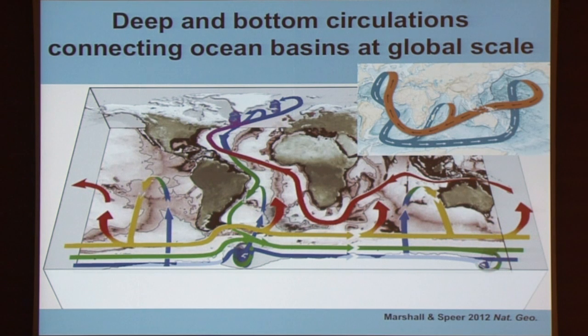So I took that from a recent paper by Marshall and Speer in 2012, where they summarized the knowledge that we have today about this organization of the large-scale circulation with a surface and subsurface of warm water transport, which is indicated in red, and the deep and bottom water circulation shown here in blue and green.